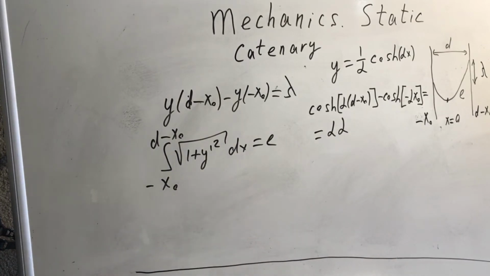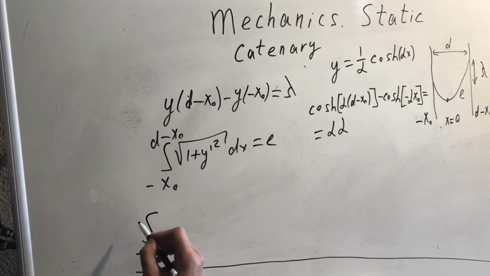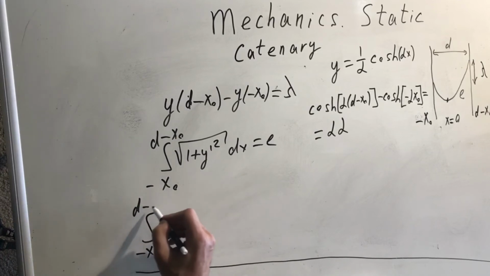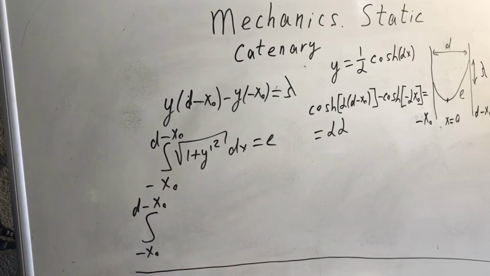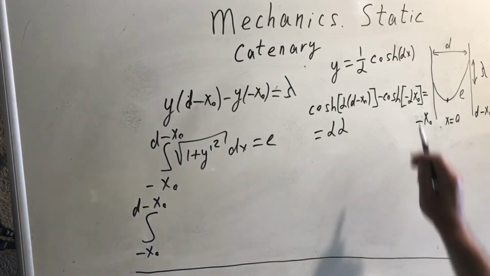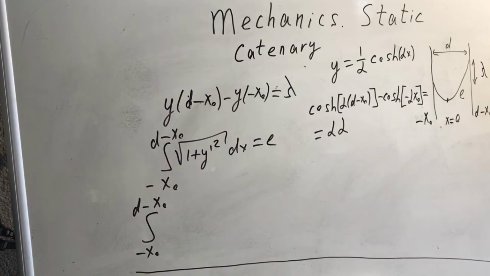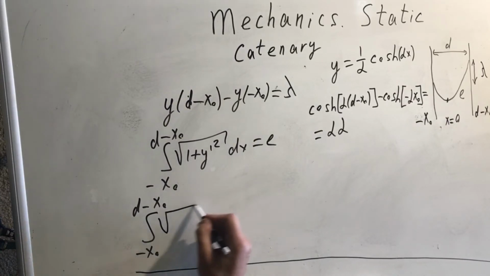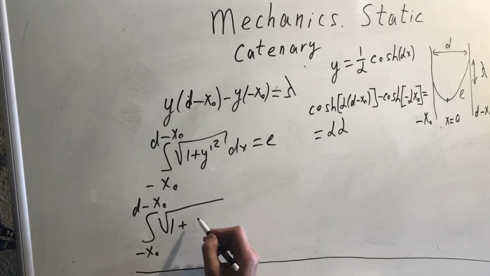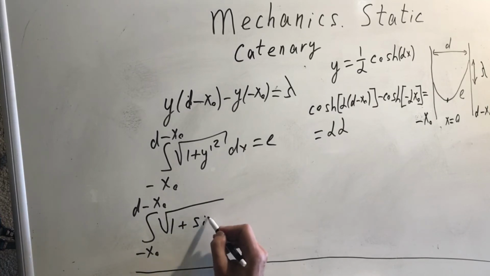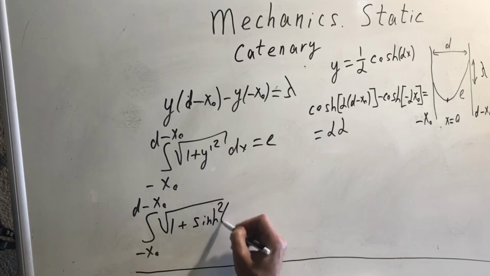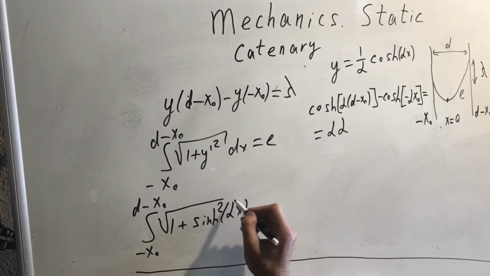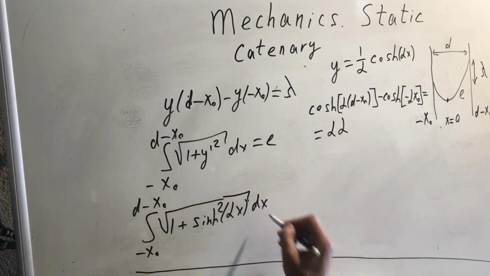This one we need to compute. So we have the integral from negative x0 to d minus x0, and here we have the first derivative of hyperbolic cosine, which is just hyperbolic sine, so it will be root of 1 plus hyperbolic sine squared of alpha x dx.